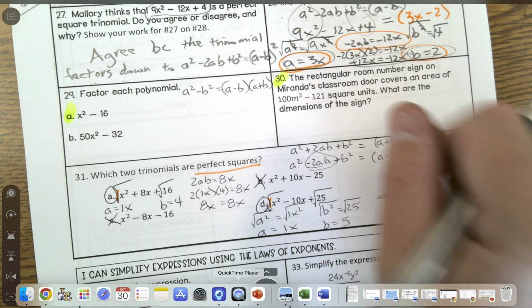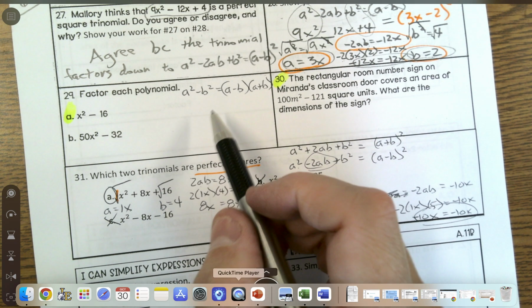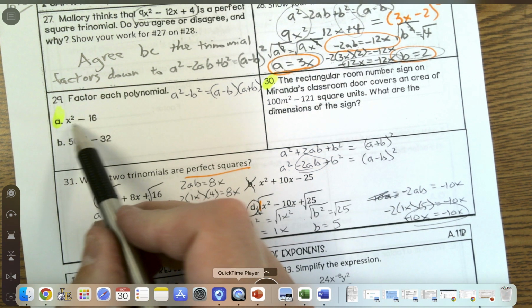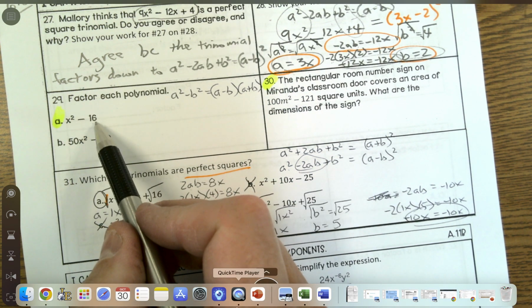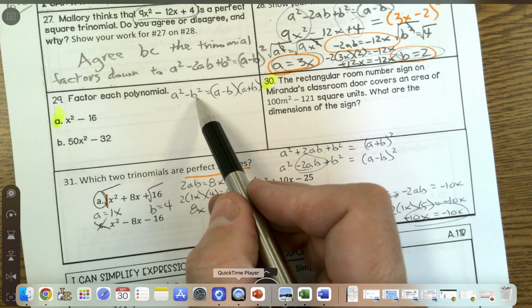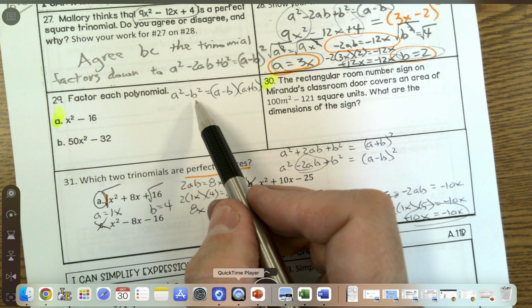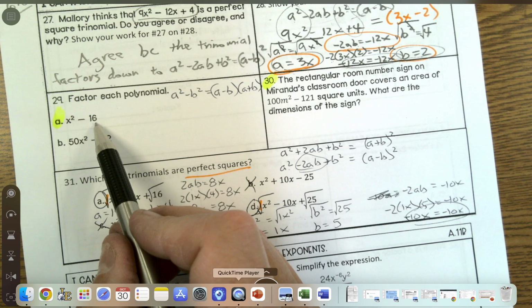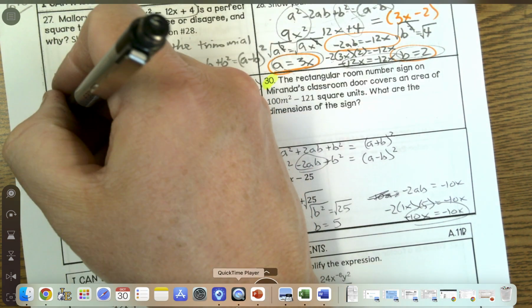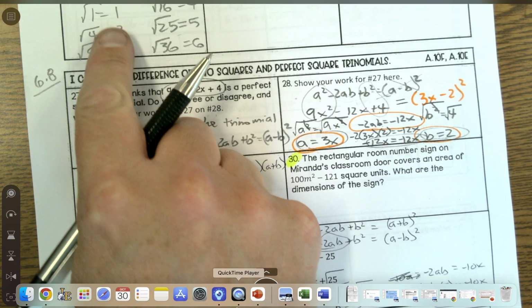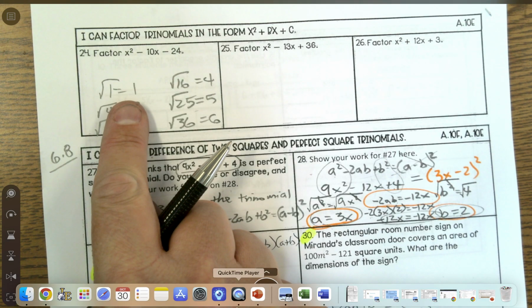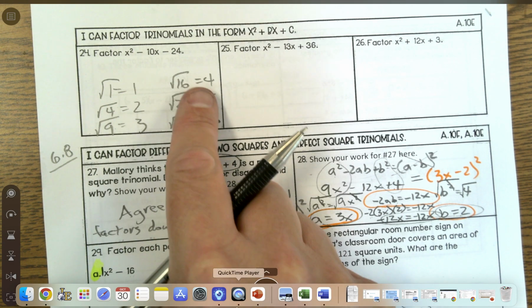So right here, I can set x squared minus 16 equal to a squared minus b squared. This is also dealing with perfect squares. So notice 16 is a perfect square. The number in front of the x squared here is a 1. 1 is also a perfect square. So if I go back to these examples, we have 1 and 16. So these are perfect squares. And when they say difference, they mean subtracting.